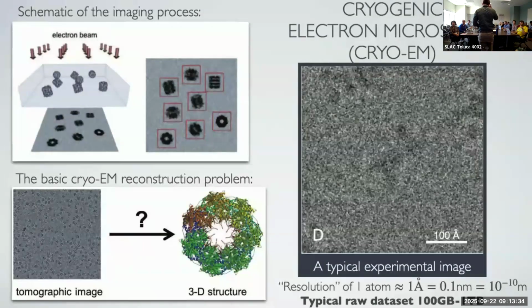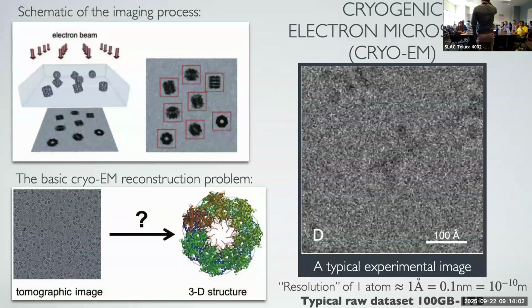Unlike the X-ray talk we just saw, we actually observe the phase information. So we can look at the images in the spatial domain, and they look like this, the one on the right. They are extremely noisy images. The basic Cryo-EM reconstruction problem is to take millions of images that look like that and reconstruct a single three-dimensional structure.